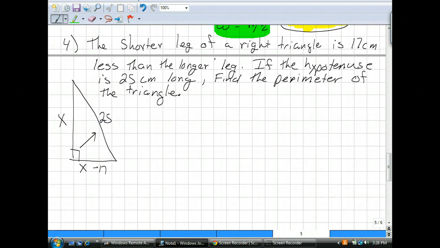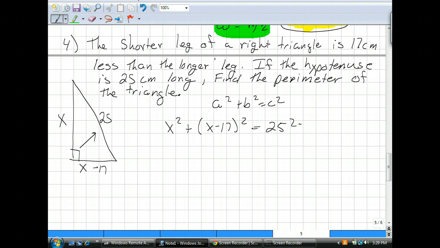Okay? Well, for this one, we have to remember something about right triangles. We have to remember that a squared plus b squared equals c squared. So leg squared plus leg squared equals hypotenuse squared. That's what it says. So now, that's x squared plus x minus 17 squared equals 25 squared.